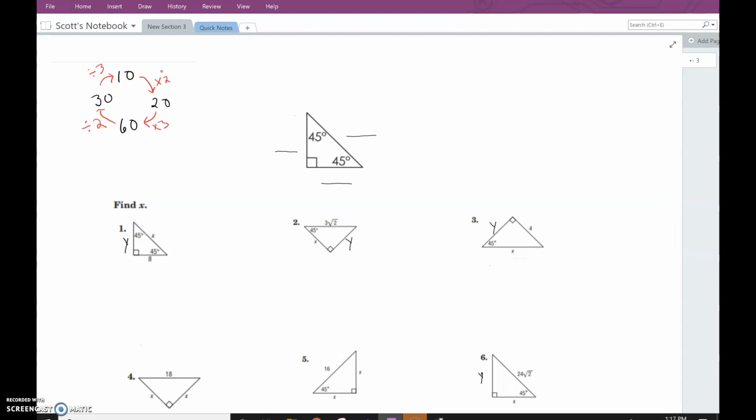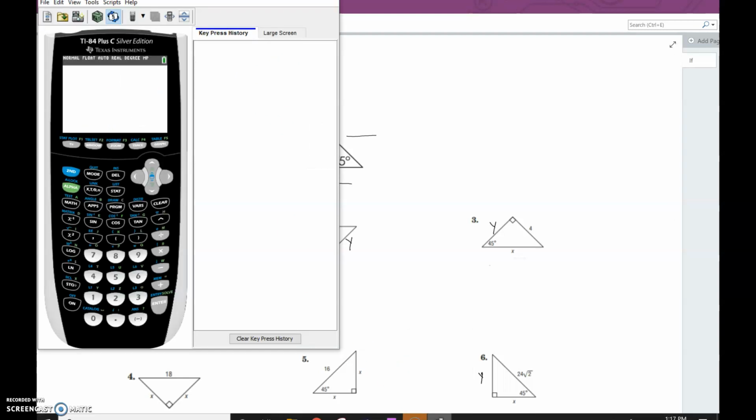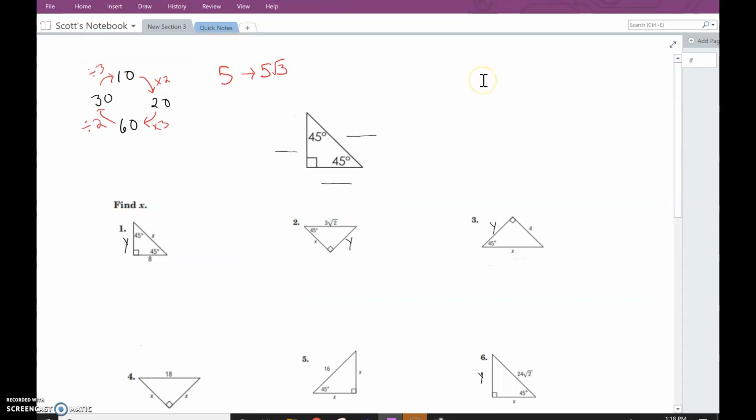Now let's say I went from 5 to 5 square root of 3. Well, 5 square root of 3 is just a number. If I put that in my calculator, it's about 8.66 if I rounded it.